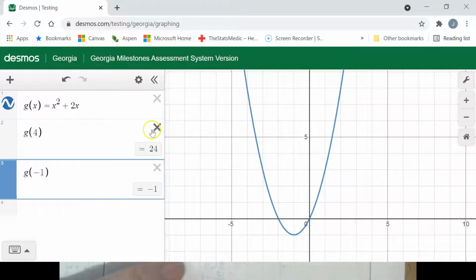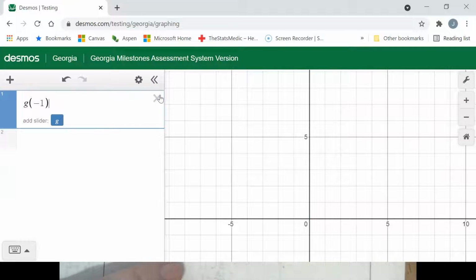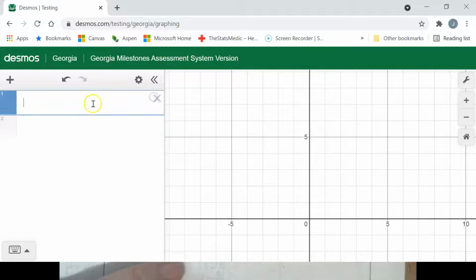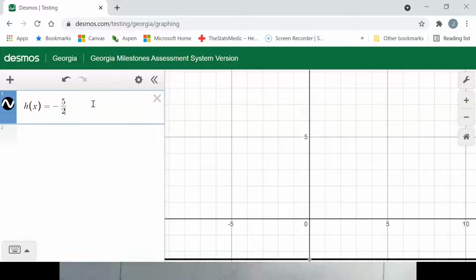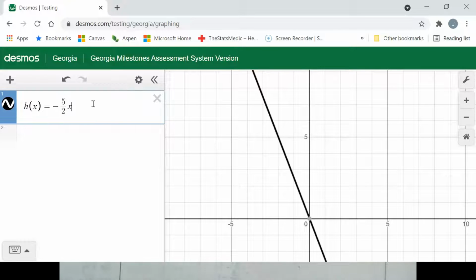Okay, so let's do the h function first. So h of x equals negative 5 divided by 2. Now remember, you want to come out from under the denominator to put your x in, otherwise you get those weird graphs.